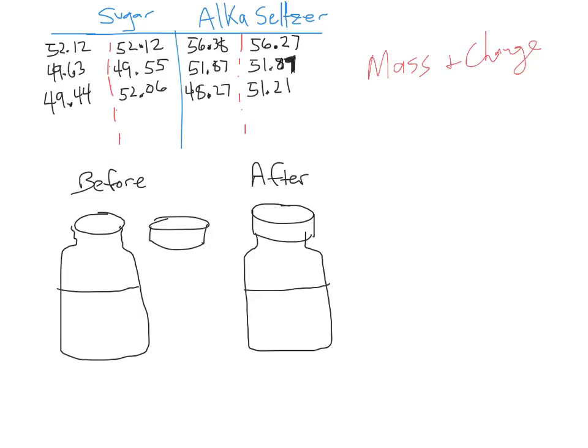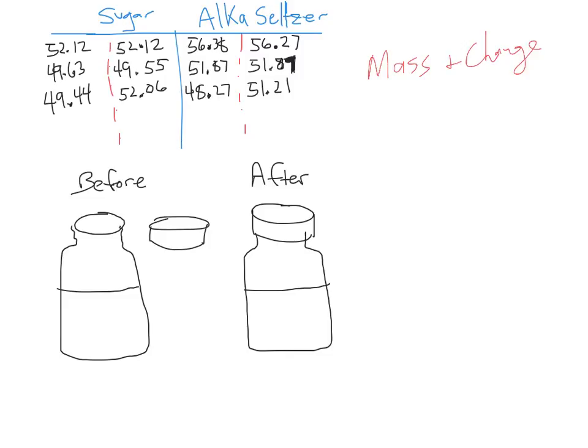Now, some of you got further than others in terms of the sugar section, but I know none of us got to the Alka-Seltzer section, so you better pay attention to that part because there's going to be some interesting thoughts about that, maybe, I hope.